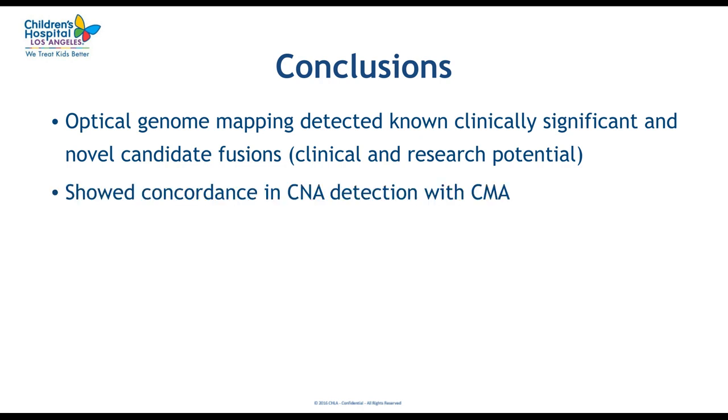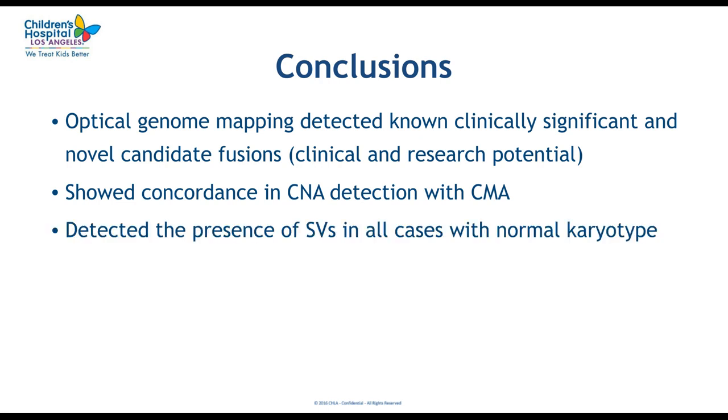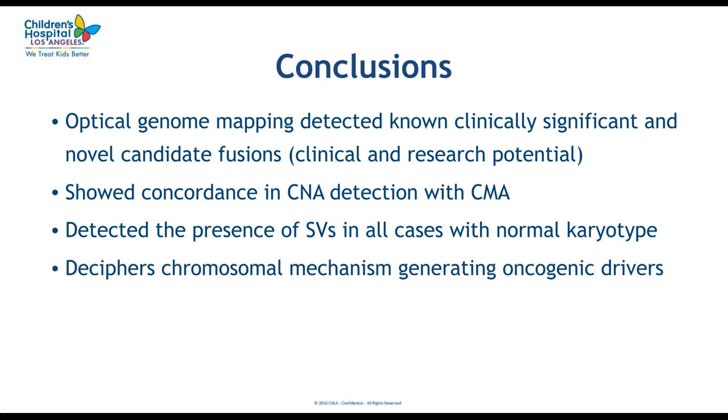It showed very nice concordance with chromosomal microarrays in detection of copy number abnormalities genome-wide, and detected the presence of structural variants in all the cases with normal karyotype and in almost all the cases that we included in our study. And finally, it allows us to decipher chromosomal mechanisms that generate oncogenic drivers, in contrast to RNA-seq and fusion detection from RNA.